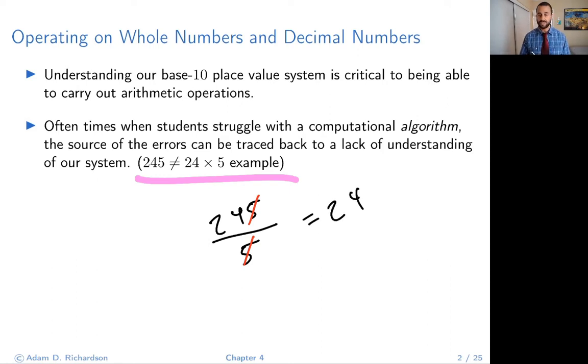Now, when that student did that, what I realized is that it gave me an insight into how well they understand our numeration system and how well they understand these types of symbols. So what they were doing here is they were playing a game of symbols, right? They thought that because you saw a 5 on the top and a 5 on the bottom, that you could cancel them. And then what's left over are the remaining symbols. But that's not correct at all.